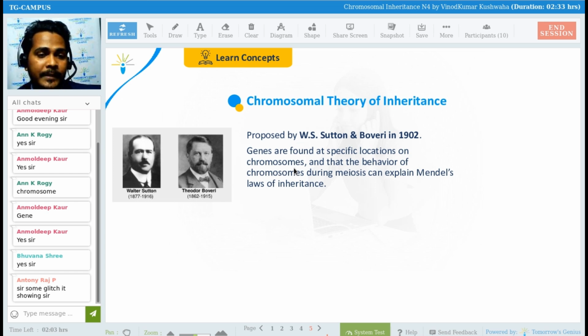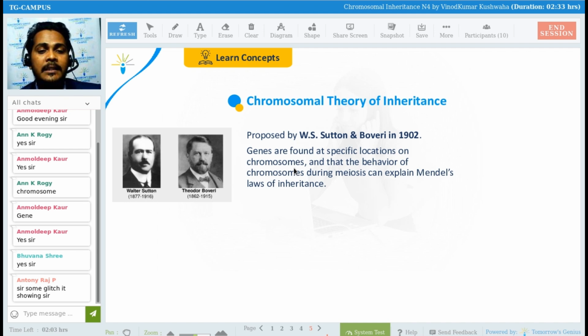Boveri supported the idea that chromosomes contain genetic determiners. That means chromosomes have something which determines genetics.